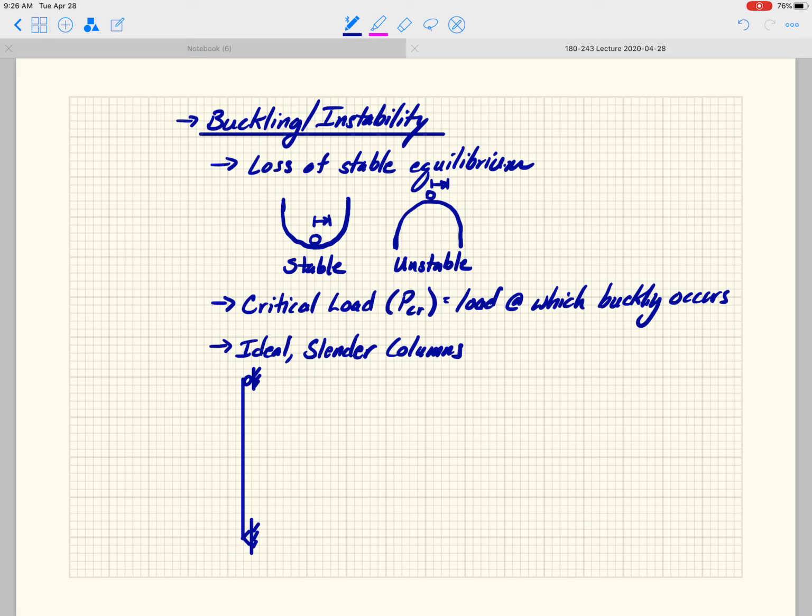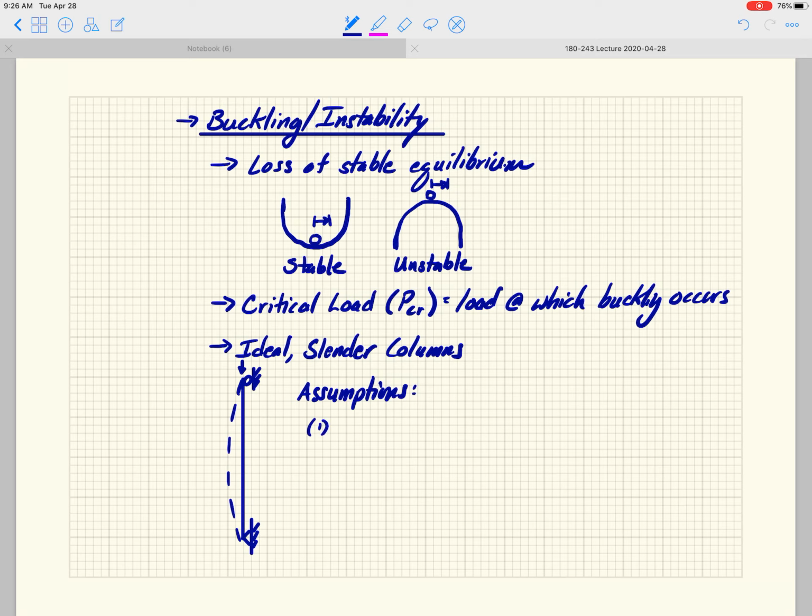An idealized column will look like this, and when it buckles, it's going to buckle like this. We'll calculate what P critical is, but there are a number of assumptions here, and I think it's important that we go through these assumptions.